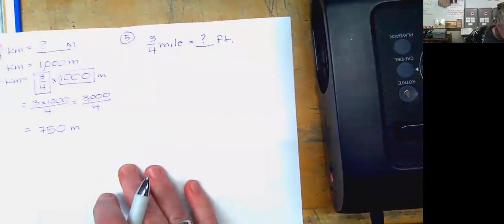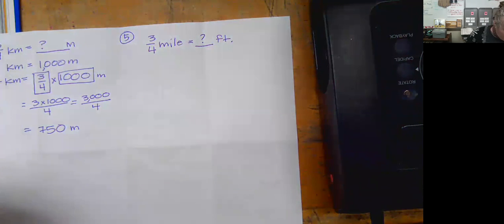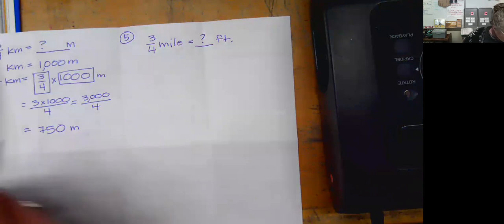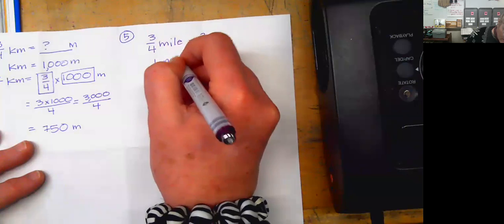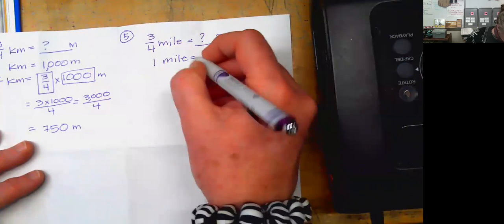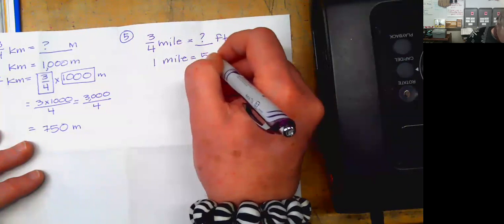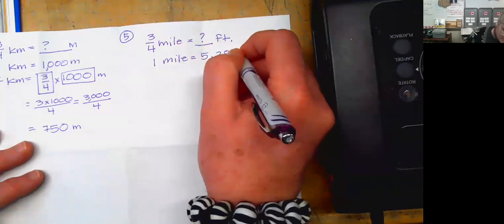So I know, looking on my little chart, that if I have 1 mile, that equals 5,280 feet.